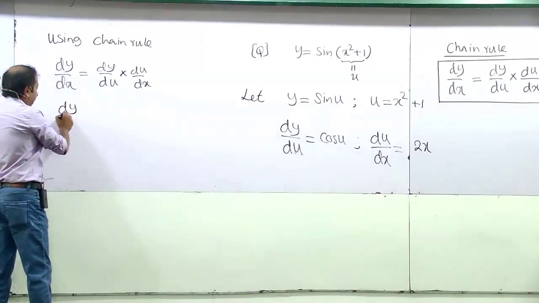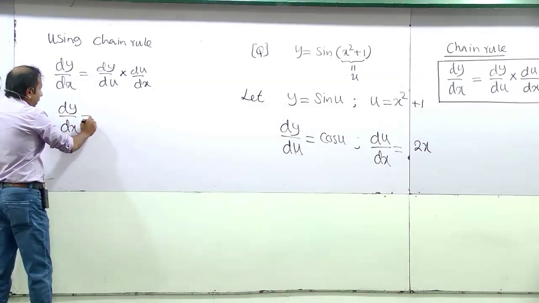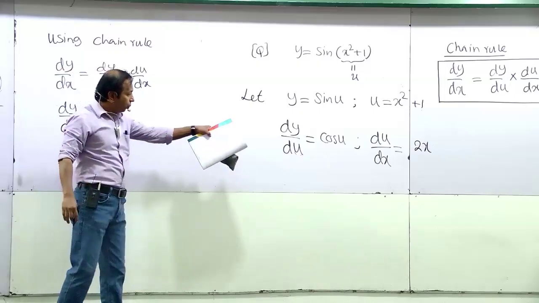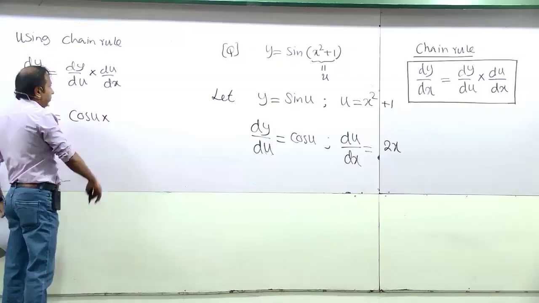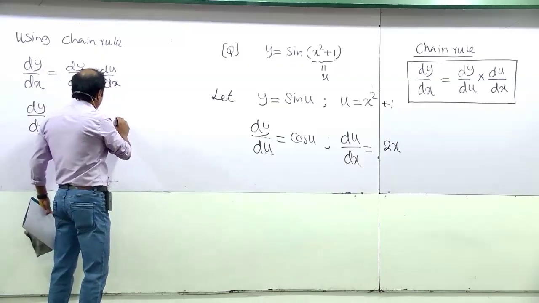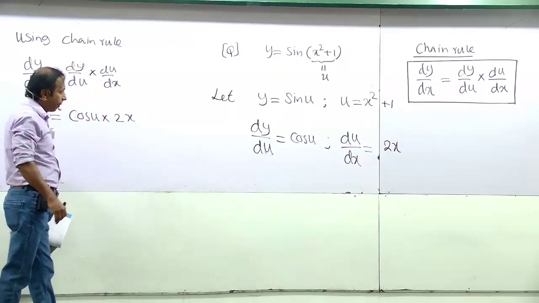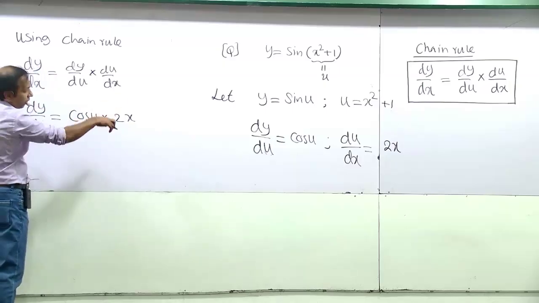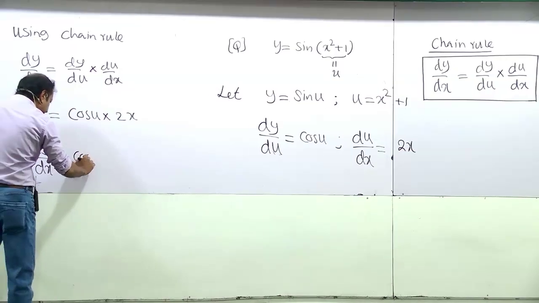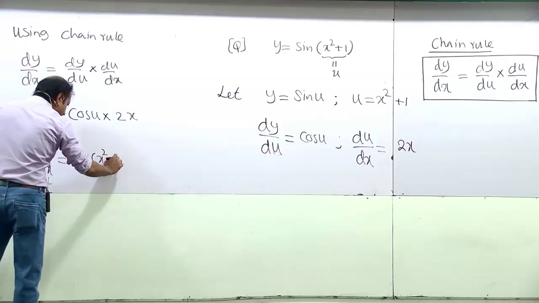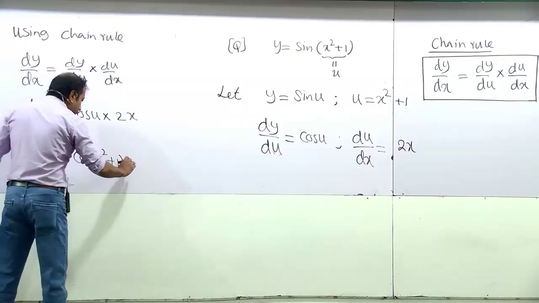Substitute now. dy over du is cos u, multiplied by du over dx, which is 2x. But u is x square plus 1, put that here: cos of (x square plus 1) into 2x.